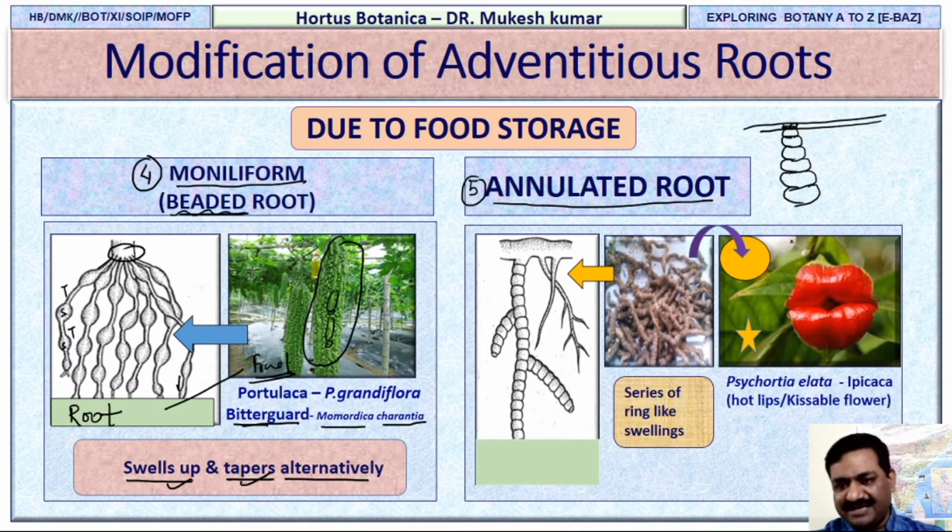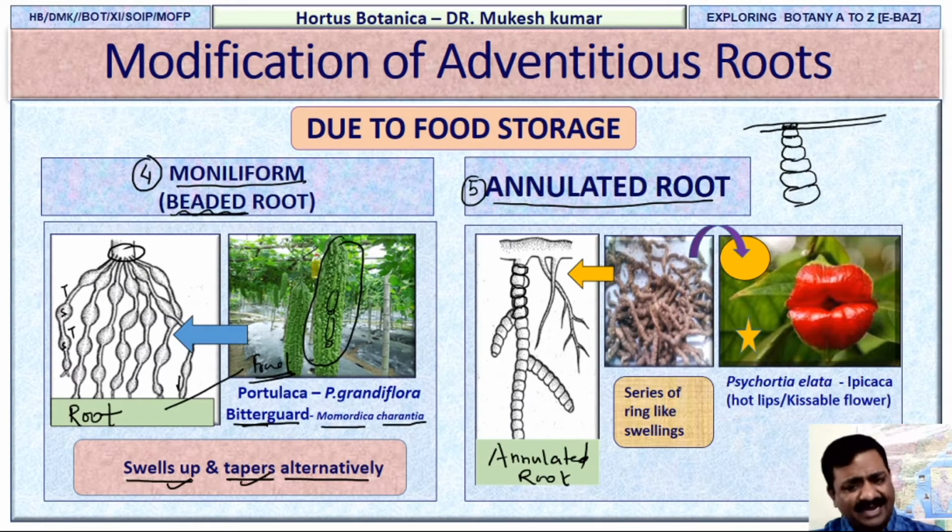It swells and appears as if a number of discs have been put one upon another. See, this is the annulated root. These are stalk-like, disc-like structures put one upon another in a series.